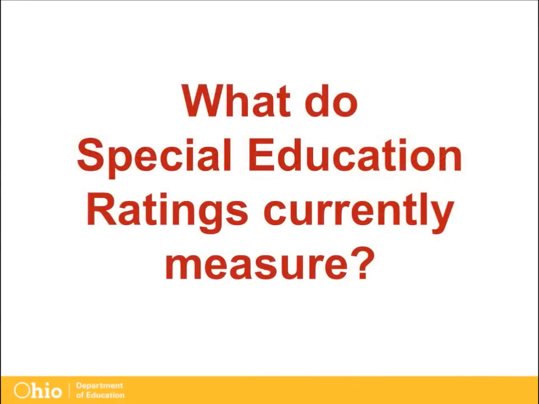Let's look more closely at the measures currently included in Ohio's special education ratings. Ratings are currently based on 9 measures of procedural compliance.